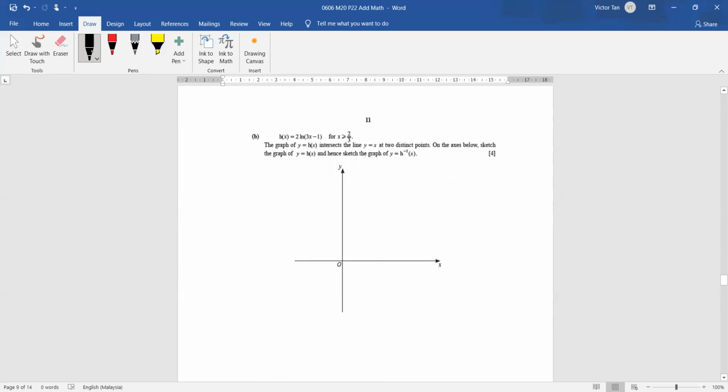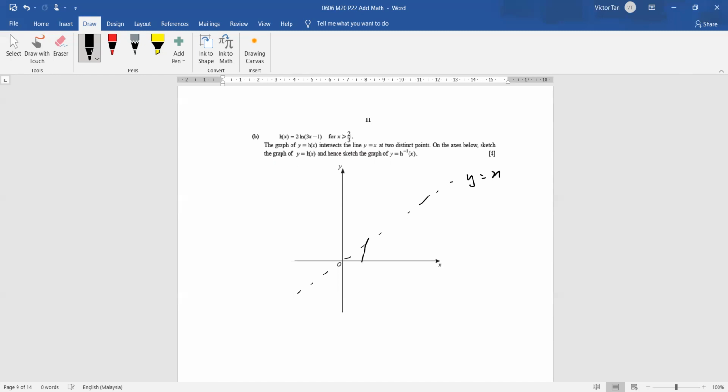h(x) equals 2 ln(3x minus 1), x larger than 2 over 3. So when x is 2 over 3, ln(3x minus 1) would be ln 1, so it will be 0. So it starts from 0. Let's draw the line y equals x first. So x is 2 over 3.